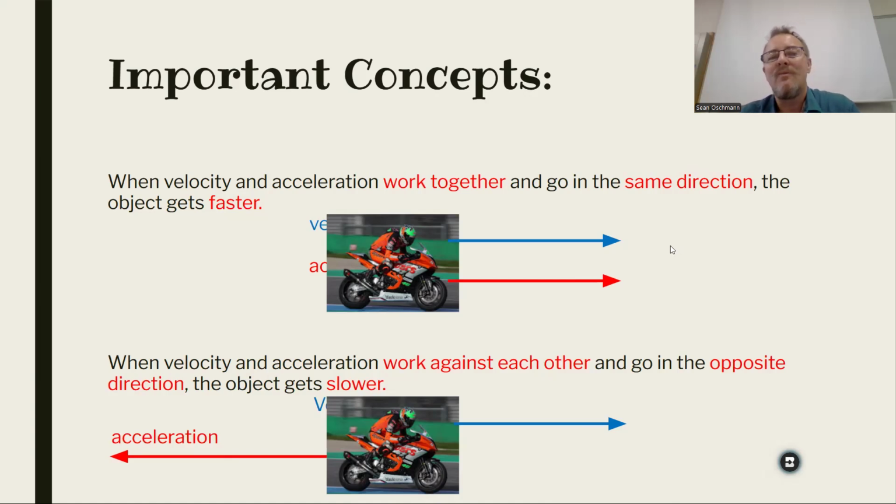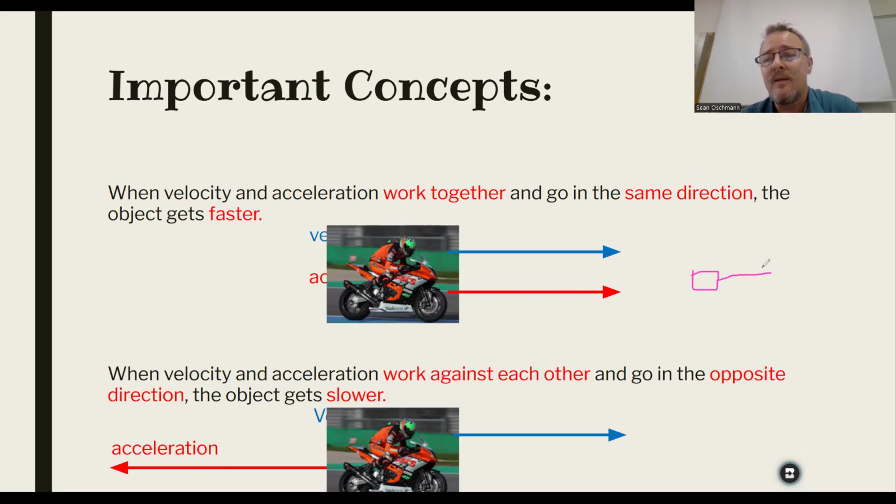Where does acceleration even come from? It comes from a force working on it. So, for example, if something moves in one direction, so here's an object, it's going to the right, then its velocity is the direction in which it is moving. If I now also push this box, okay, so I'm pushing this forward, there you go. I'm giving it a push, and that push causes acceleration, and that acceleration is in the same direction.